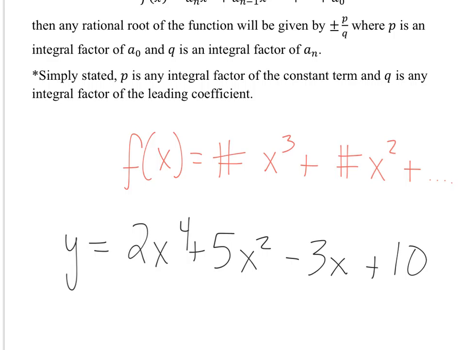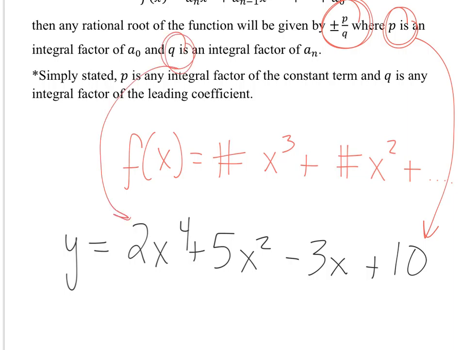The goal is to look for what's called p over q. And again, p is the factors of this. Q is all possible factors of this.